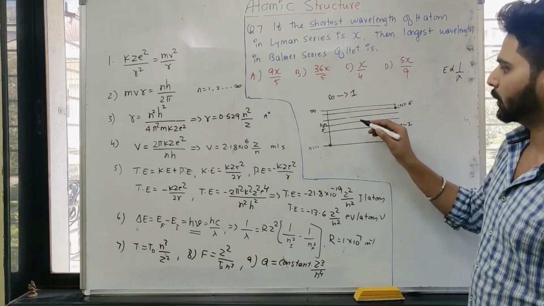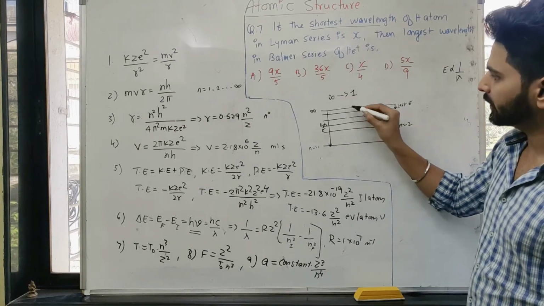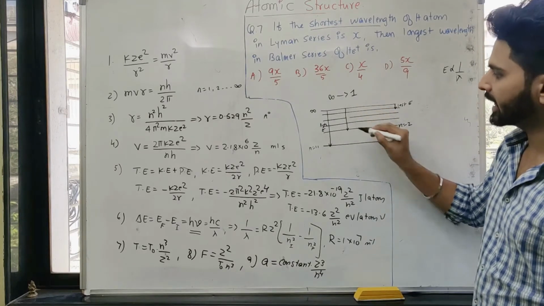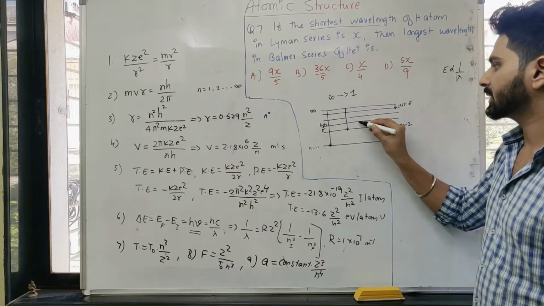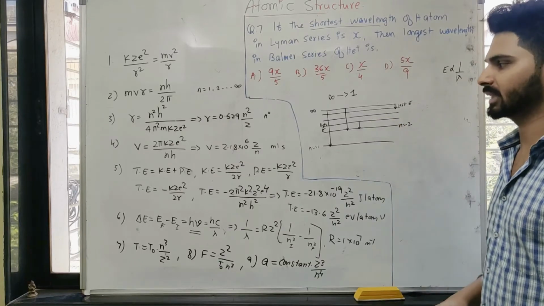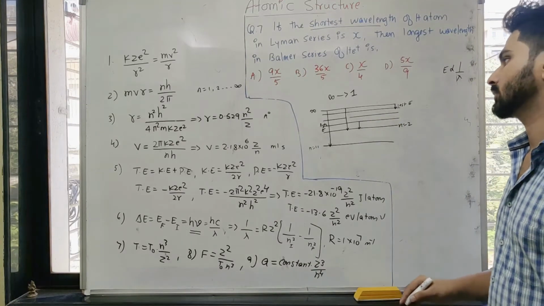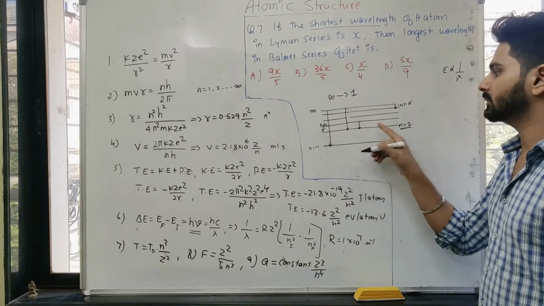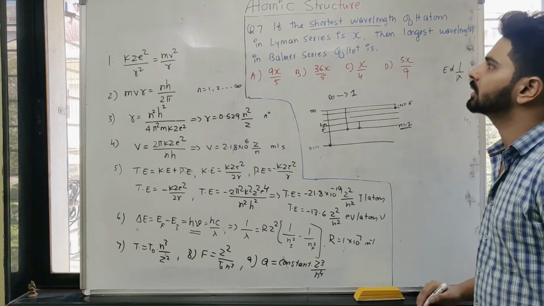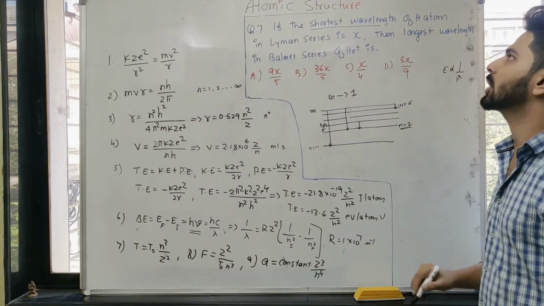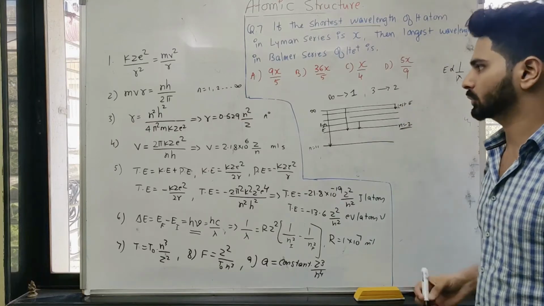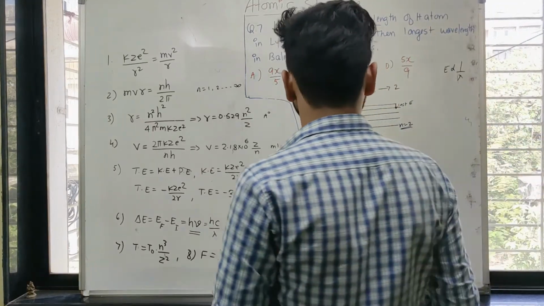Coming from infinity to 2 is the highest energy here, and anything coming from 3 to 2 is the lowest energy. So something has to come to n equal to 2. Out of them, this will be considered as the lowest energy because we are asked to calculate the longest wavelength. So that is 3 to 2. So these two transitions we have to check now.